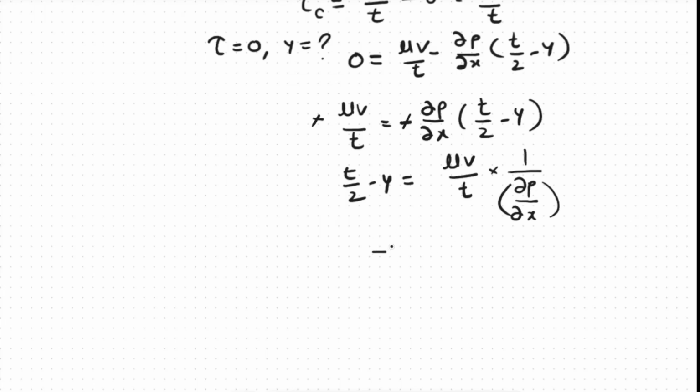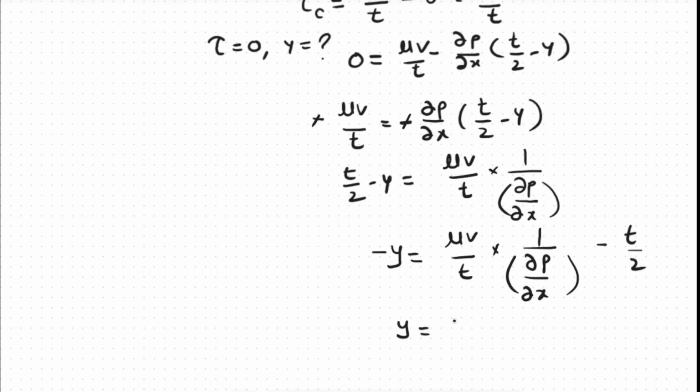That is minus y is equal to mu V by t into 1 upon delta p by delta x minus t by 2, or y is equal to t by 2 minus mu V by t into 1 upon delta p by delta x.